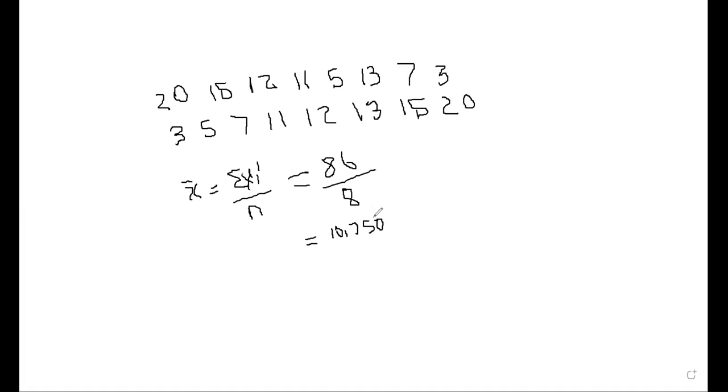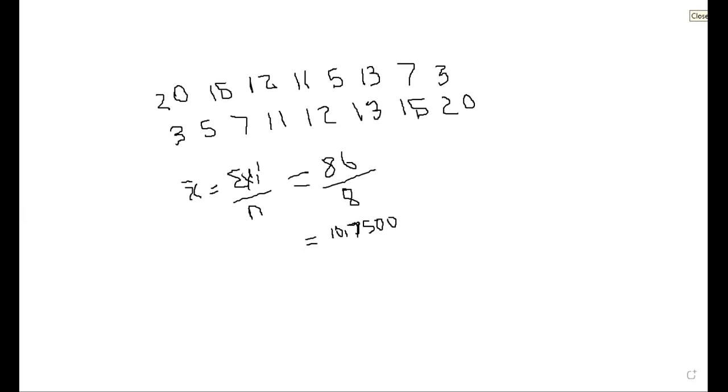Before decimal places, you can just say 7500, like this. Because normally most of the answers are in 4 decimal places. So you just say 10 comma 7500.